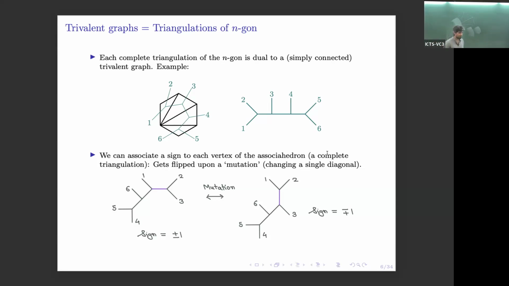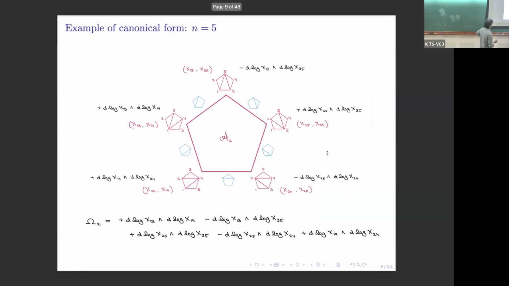And what did that mean about the sign for the dual graph? The sign just means that if I flip only a single chord, then I flip a sign. I see. I have a detailed example. So for instance, if you get from here to here by flipping a single chord, and the sign for this one is -1, say, then the sign for this one I will say is +1.